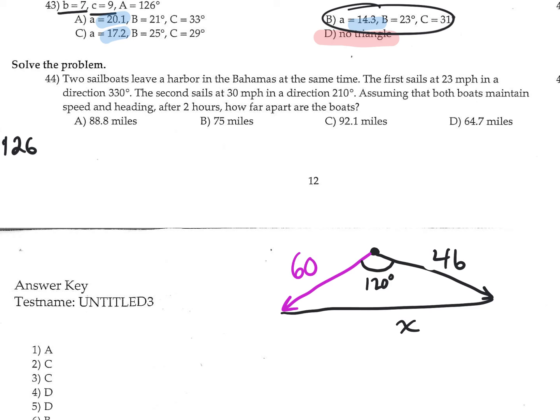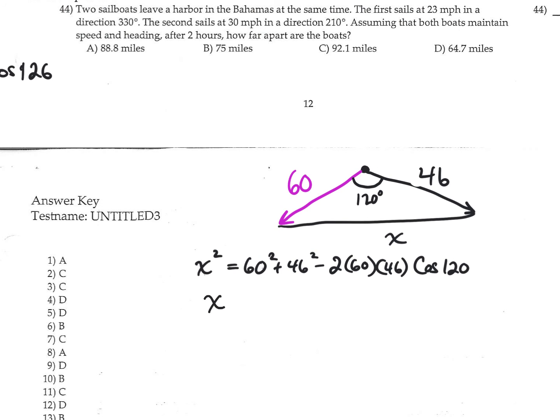So again, we're going to set up our law of cosines to solve. x squared will equal 60 squared plus 46 squared minus 2 times 60 times 46 times the cosine of 120. I'm going to plug that into my calculator. And I found x to be 92.06 miles. Well, that fits in nicely here with option C.